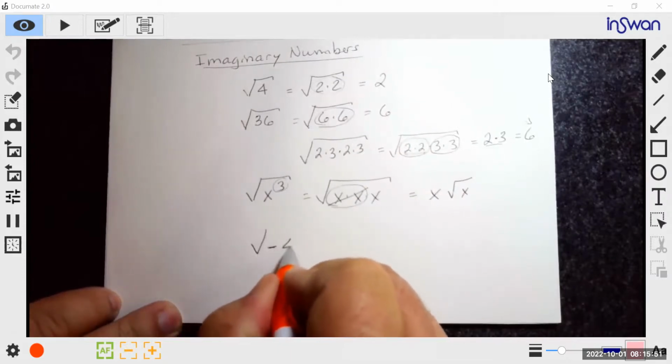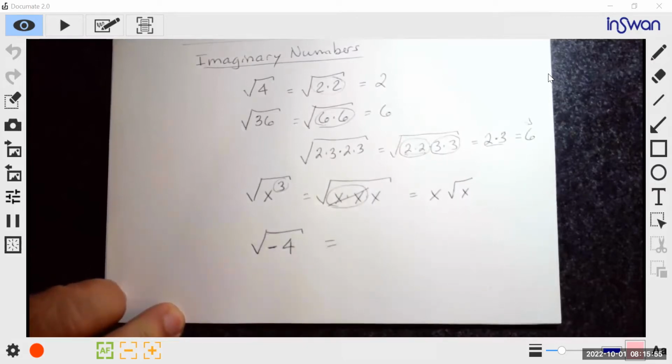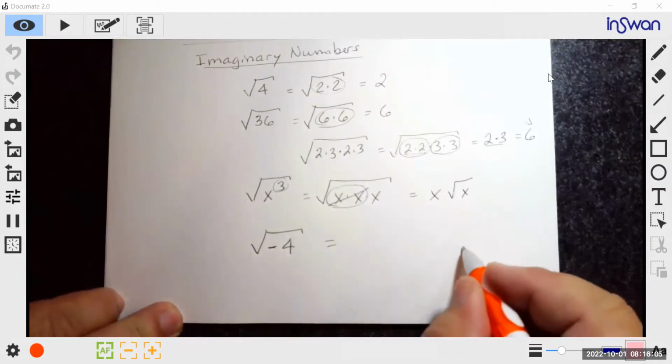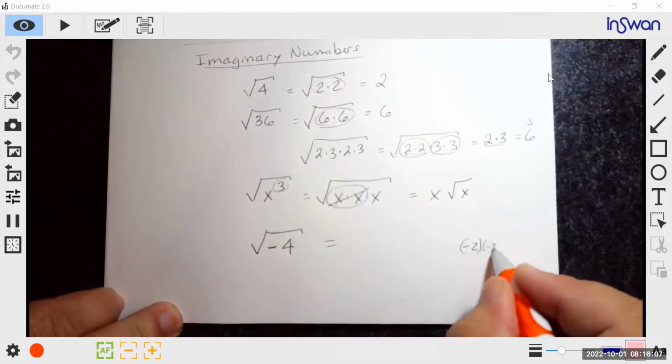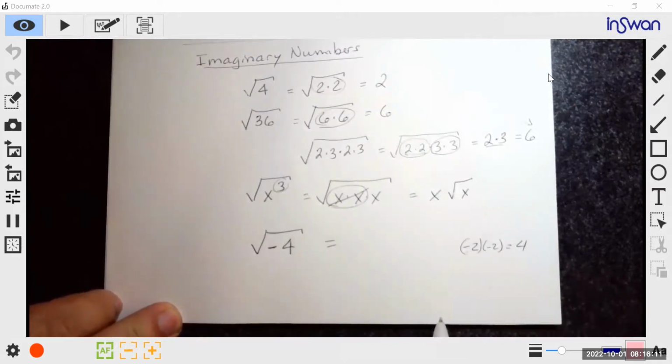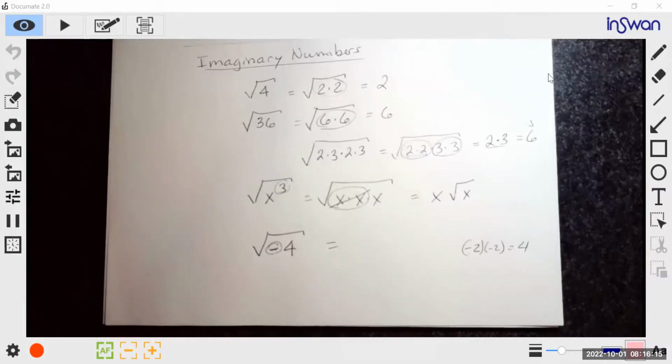What if that number is -4? What's the same number multiplied together that gives you a -4? It can't be -2 because -2 times -2 is a +4. So this is the problem that we're having when we deal with square roots.